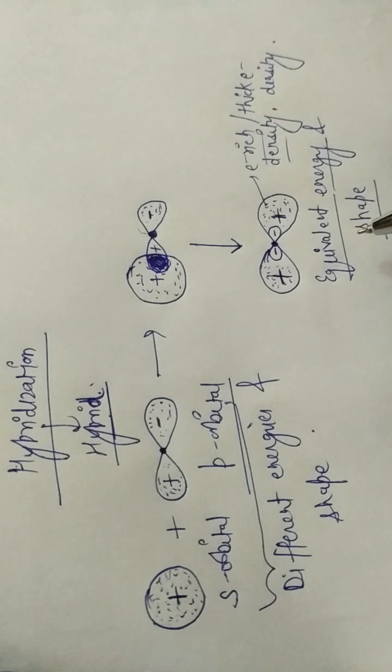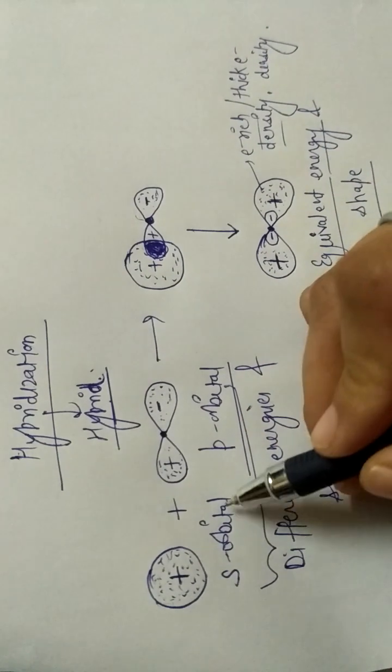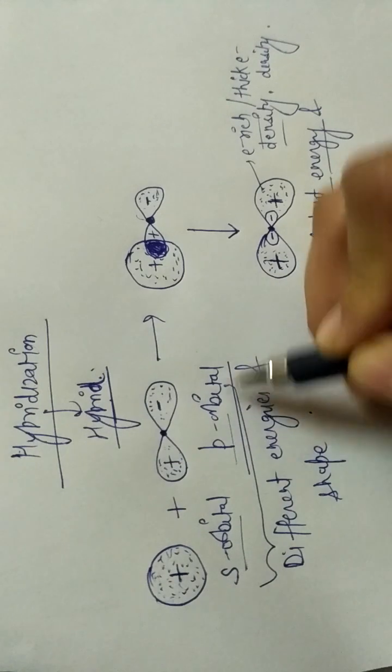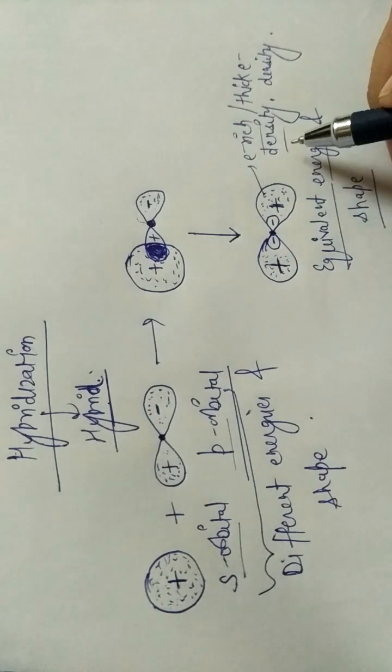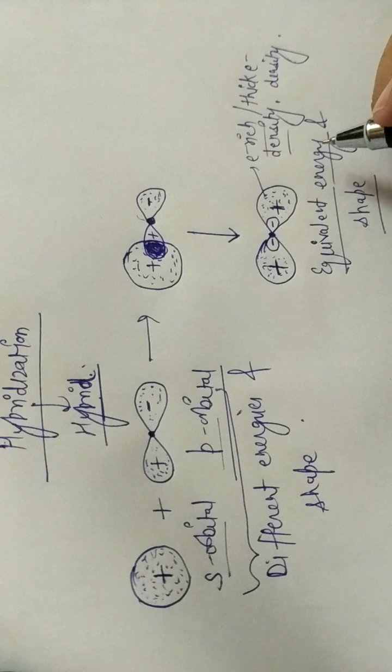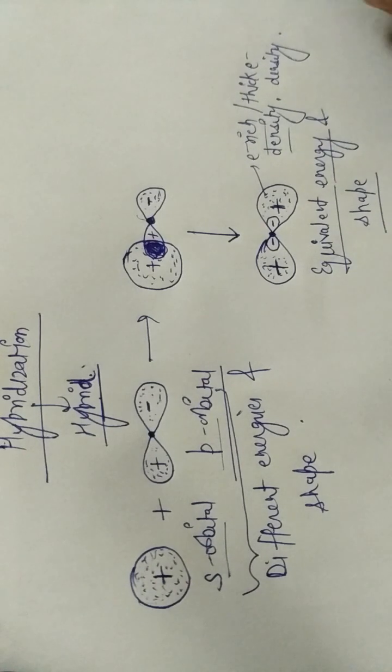That is why we are doing hybridization. The bond formed by a hybrid orbital is strong in comparison to a simple atomic orbital. These s and p are simple atomic orbitals. This is a hybrid orbital.